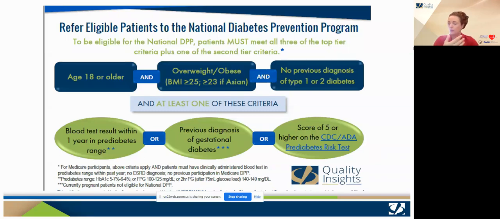This is the step where we are determining which of our patients is eligible for the national DPP. Again, this program is targeted towards those over the age of 18 that do not have a diagnosis of diabetes, are falling in that prediabetes range, but fall into criteria that puts them at risk for diabetes. So for example, over 18 and obese.